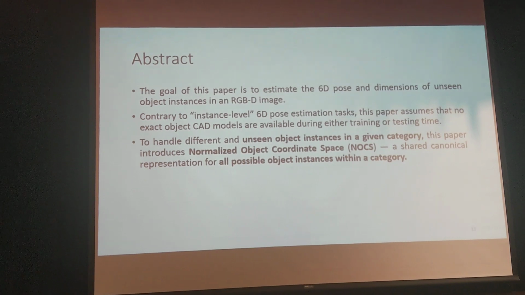The third sentence mentions that this paper introduced the normalized object coordinate space, also called NOCS, a shared canonical representation for all possible object instances within a category. On the next page, I will explain NOCS in detail.